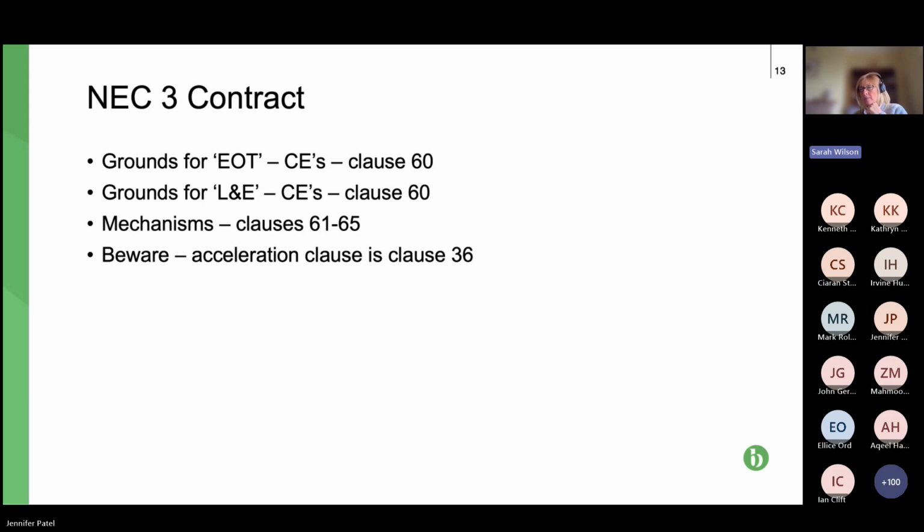So that's our process of notifying the CE that we looked at 2 months ago, notifying the CE, providing the quote, getting the quote implemented. Do note, though, that acceleration isn't included in there. That's at clause 36. Next slide, please.